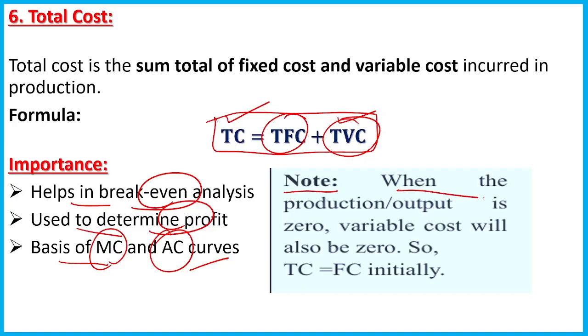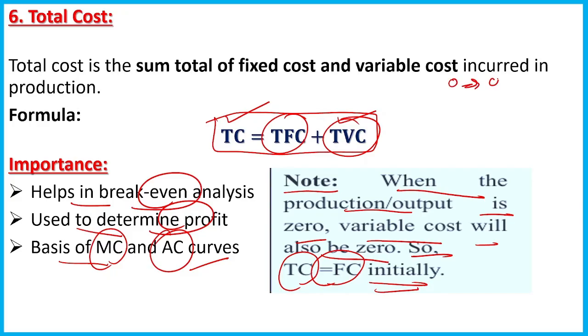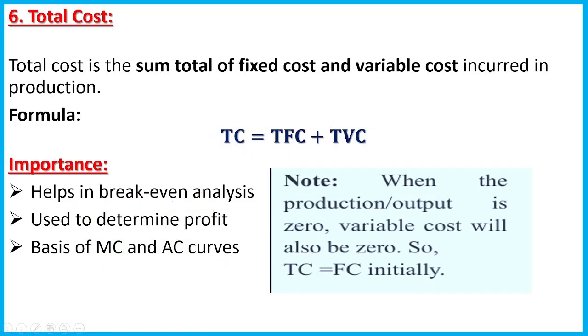Please note, when the production output is zero, the variable cost will also be zero. So total cost is equal to fixed cost initially. Understood this much? What is it trying to say? If the production is zero, then variable cost will also be zero. So look over here.